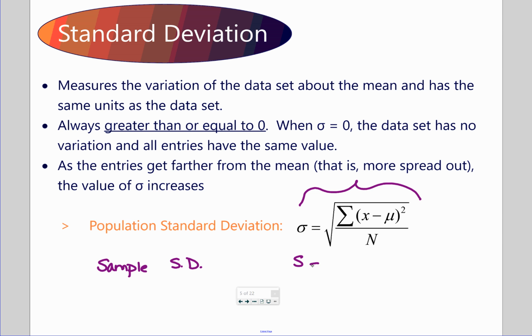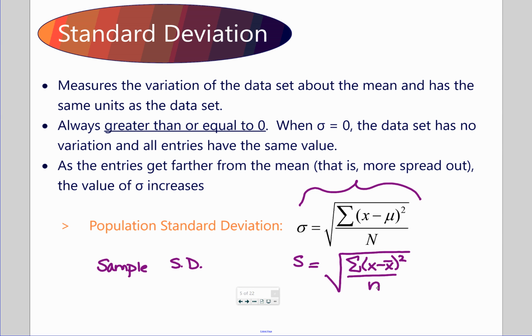Again, similar formula, just some different variables. X minus x bar squared over n. So we find our sum of squares. We divide by how many data values there are. That gives us variance. Square root of variance gives us standard deviation.